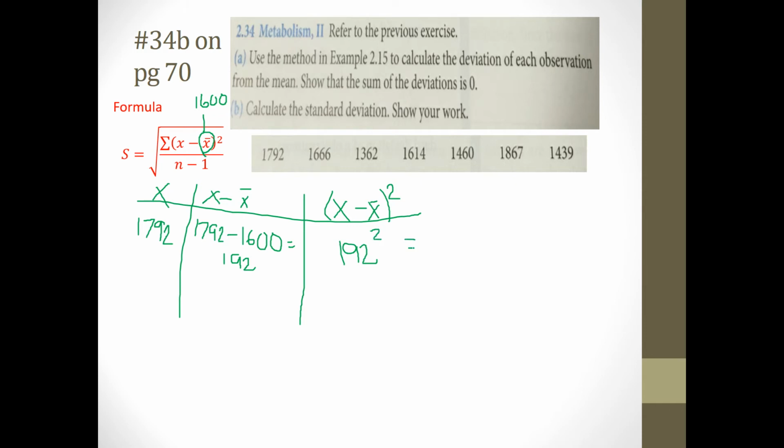And I can't square that in my head. I need a calculator. I got my calculator. 192 squared is 36,864. And now I'm going to do the next one. The next one is 1666. So I'm going to write that x value down, 1666.